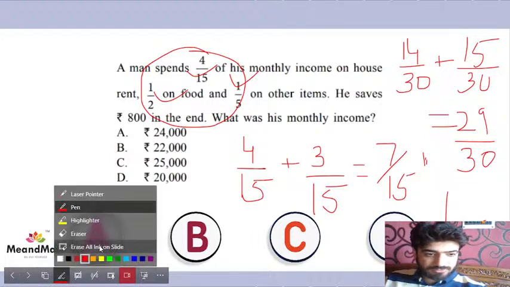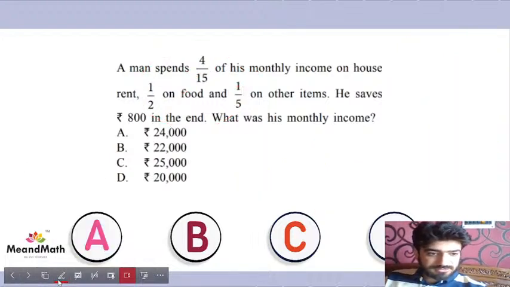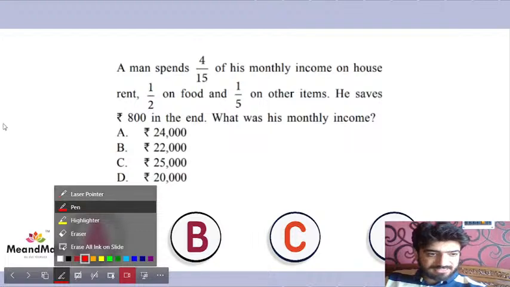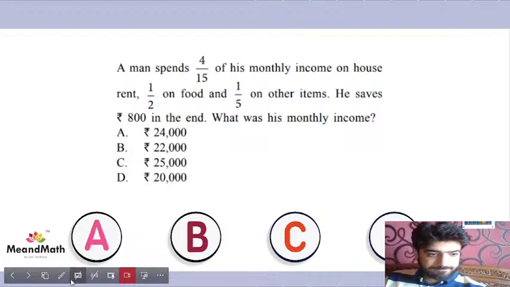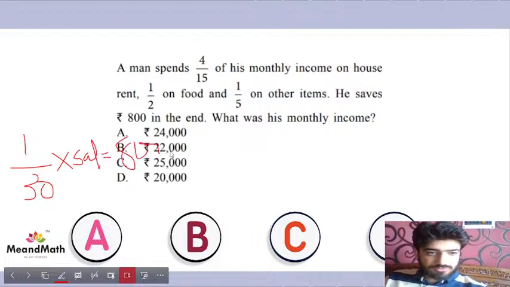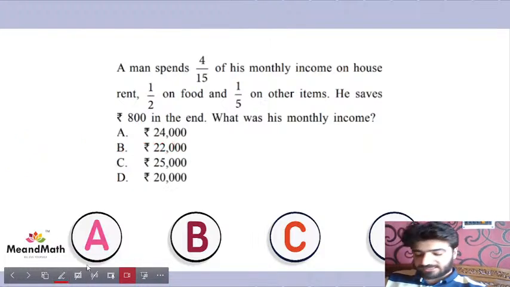Let me remove this now since I have solved this. So 1 by 30 of a salary is 800. 1 by 30 into salary is 800. So the salary will be 800 into 30. That will be 24,000. I think that should be clear now.